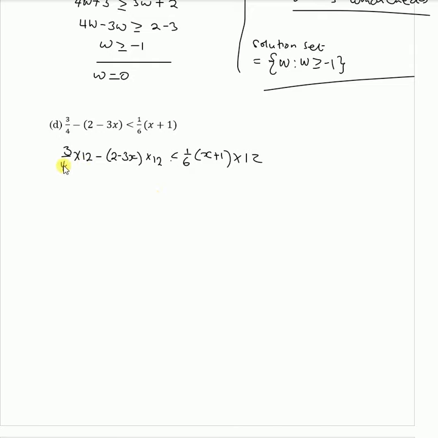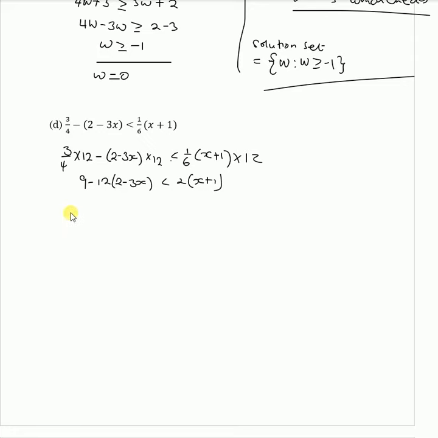When I multiply by 12 here, by 4, 1 by 4, 3. So 3 times 3, I get 9 minus, around here we are going to open the brackets because this 12 is affecting each of the numbers here. So I have minus 12 into 2 minus 3x is less than 12. Here will render this thing to be a 2 into x plus 1, and upon doing that I have got rid of the fractions. Now I multiply through by 12.